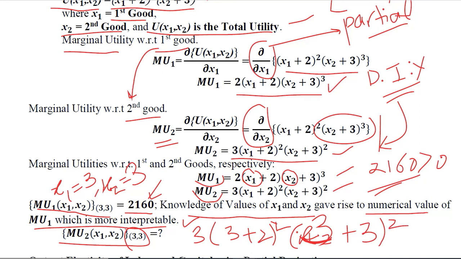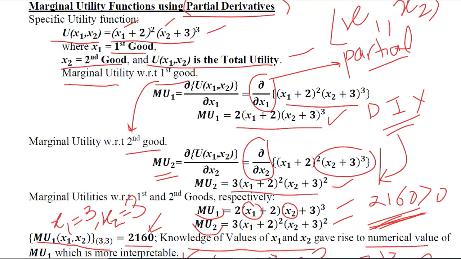So you can solve it and you can find out the answer of mu2 at x1 equal to 3 and x2 equal to 3. So it's a small DIY for you. You can do it and you can try to interpret it just like we did for mu1.